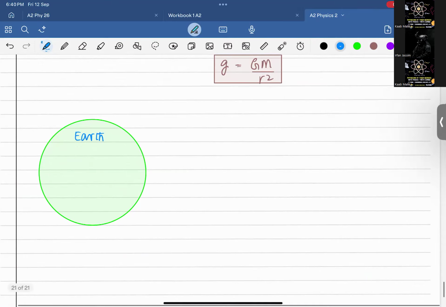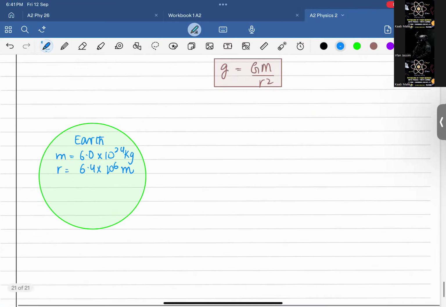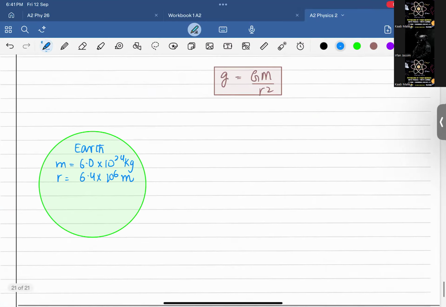Earth has a mass of 6.0 times 10 to the power 24 kg, and a radius of 6.4 times 10 to the power 6 meters. These are the values for the Earth. Now I try to find the gravity at the surface.